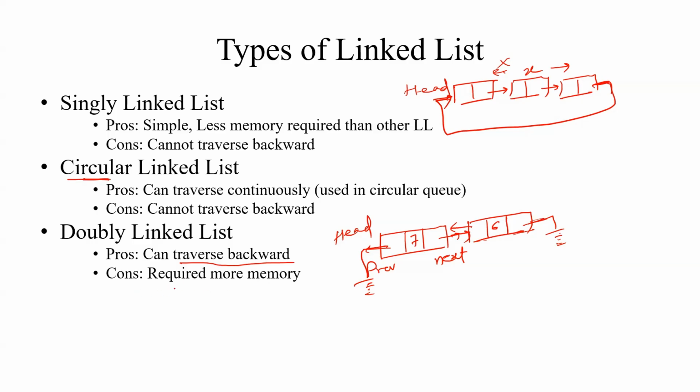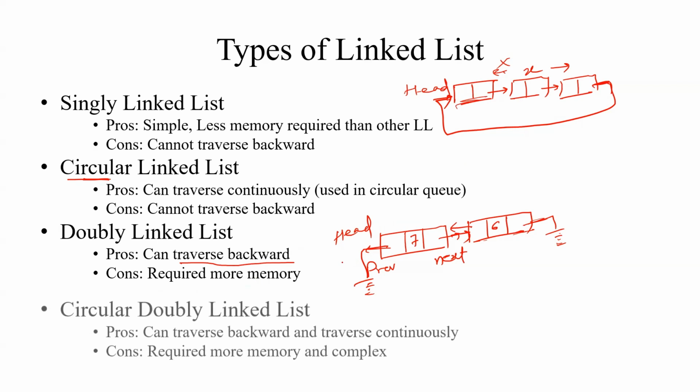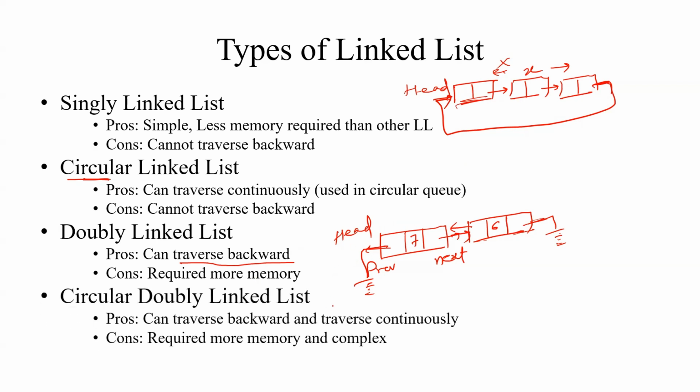The limitation is that it requires more memory. Why? Because we now have three fields for every node. Earlier we had two fields for every node. So memory consumption will increase. Last is the circular doubly linked list. This is a combination of circular and doubly linked list.